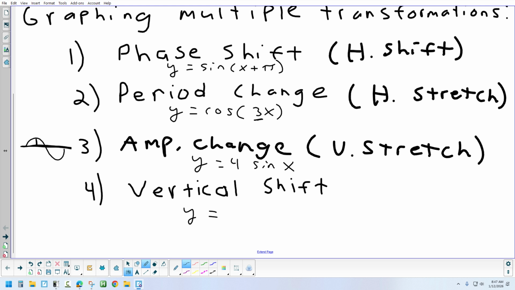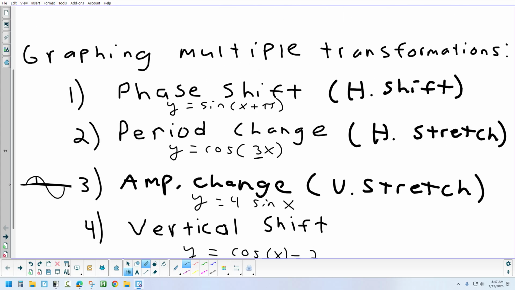So we could have something like cosine x minus 2. That's a vertical shift. What would the minus 2 do? Would it move it 2 units up or 2 units down? 2 units down. Minus is down, positive is up.